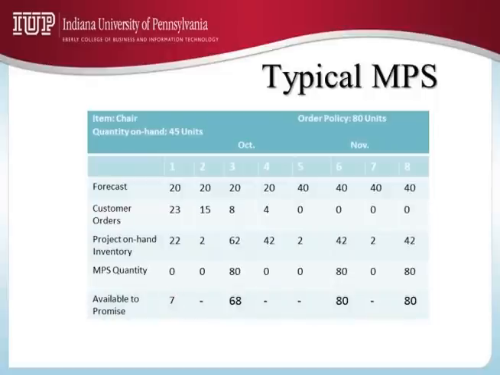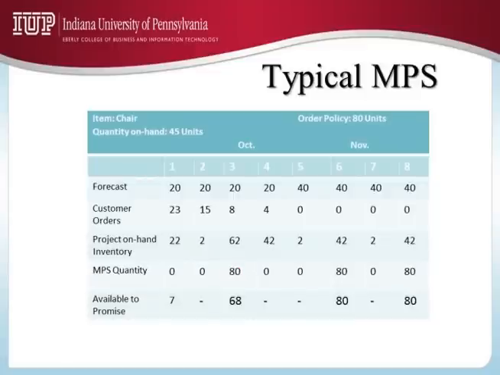Now when you come to week 3, you're getting 80 units here. What is the next time period at which you will get another 80? Here, which is week 6. So any demand that you have in weeks 3, 4 and 5, which is 8 plus 4 plus 0, 12, should be met using this 80.